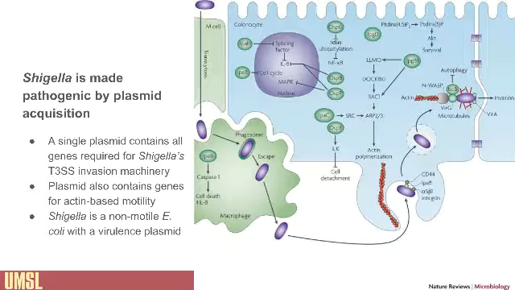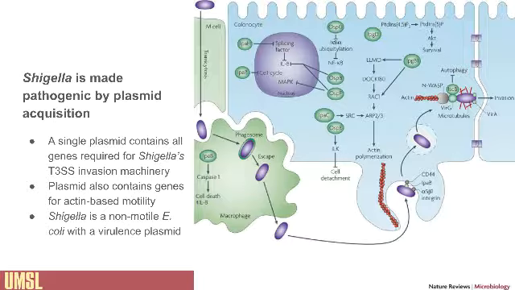When you hear plasmids, it's almost synonymous with antibiotic resistance. But in the context of this course, one of the extraordinarily important things is transmission of pathogenic function. For example, Shigella, by genomic comparison, is more or less just E. coli that at some point in its evolutionary history acquired a single plasmid.